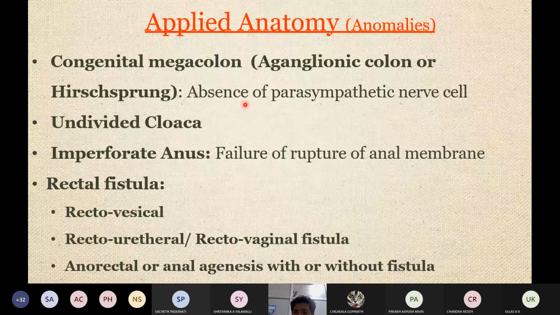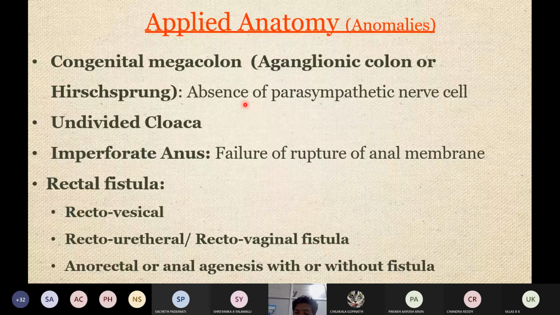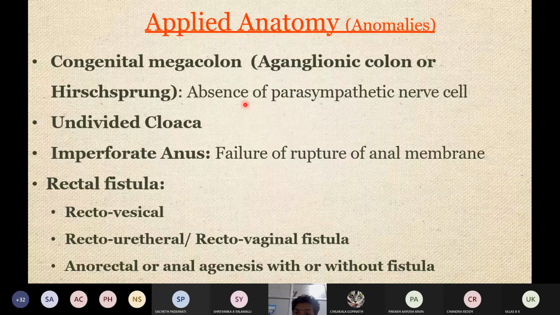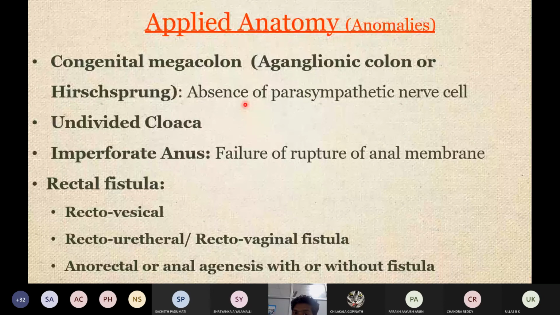Due to the absence of these cells, the developing musculature is narrowed and constricted. Due to the constriction of the hindgut colon, the area just before the constriction gets enlarged due to the accumulation of content inside.